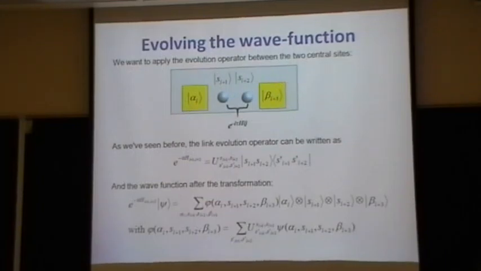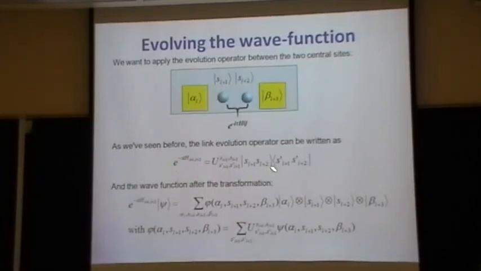And this turns out to be a very convenient representation because these link operators act on two spins, right? And we have two spins in here, in between the blocks. So the most natural thing to do is to apply the evolution operator on these sides. And this is a very simple thing to do.